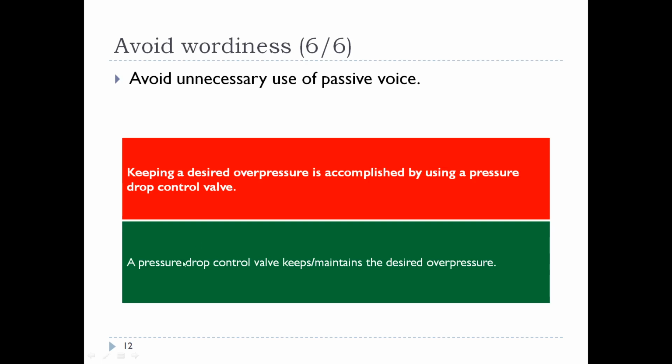Okay, so if you're talking about the pressure drop control valve and its purpose, you should use active voice. If however that is not important, and more important is the fact that the overpressure should be maintained, okay, then you should put this sentence in the passive voice.